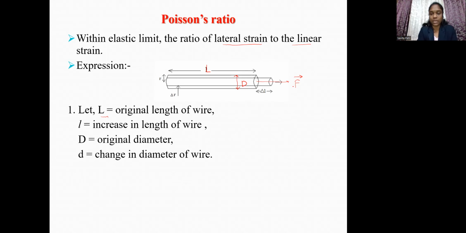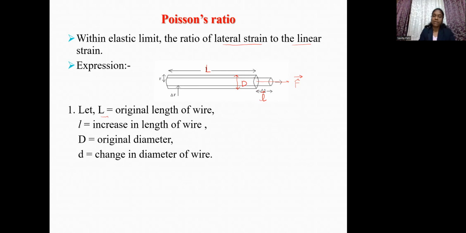Let small l be the increase in length of the wire due to the applied force F. We see that this increase in length of the wire takes place in the direction of applied force.